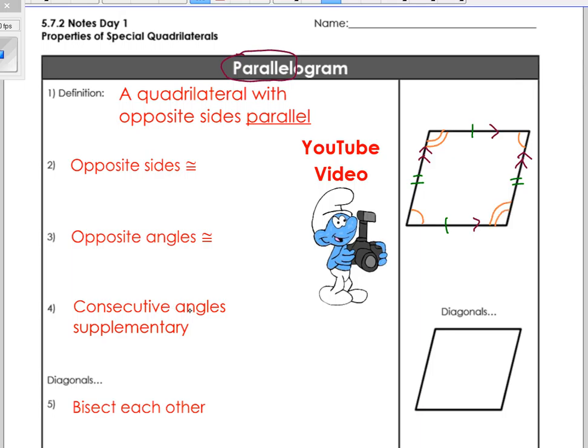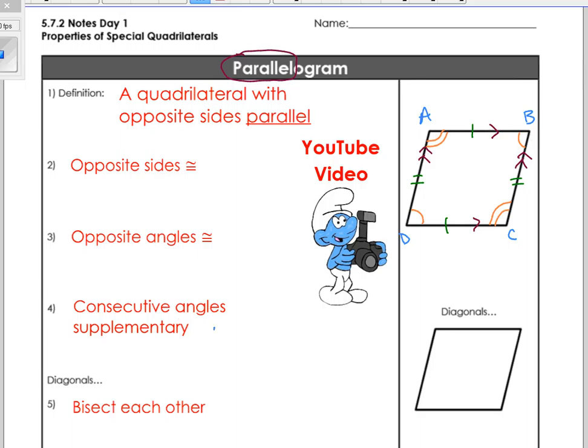Okay. Consecutive angles are supplementary. Consecutive means that when we go around our figure and we go from here to here to here to here, so if we say that this is parallelogram ABCD, consecutive means we go from A to B or A to D, but consecutive would not be skipping B to go to C. So if consecutive angles are supplementary, it would mean that angle A plus angle B equals 180.